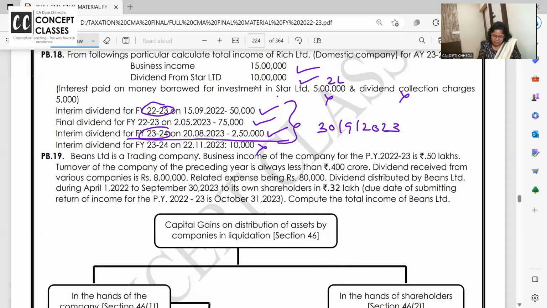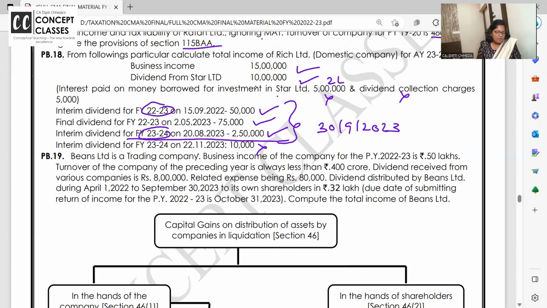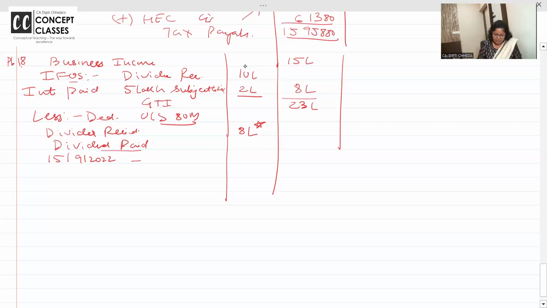One second, let us take up the figures once. 50,000, 75,000 and 2 lakh 50,000. 50,000. Next, you have paid the dividend on 2nd April, whatever date it is.